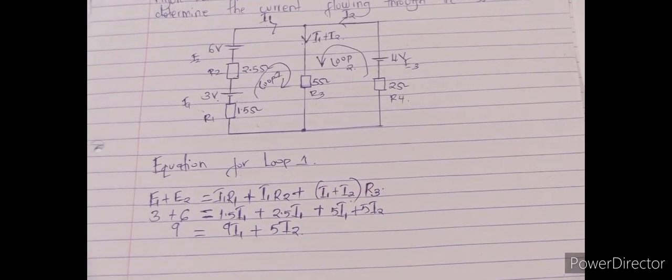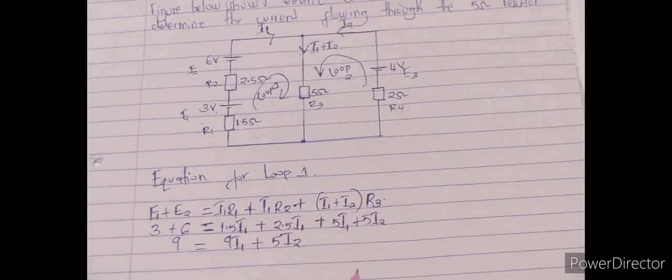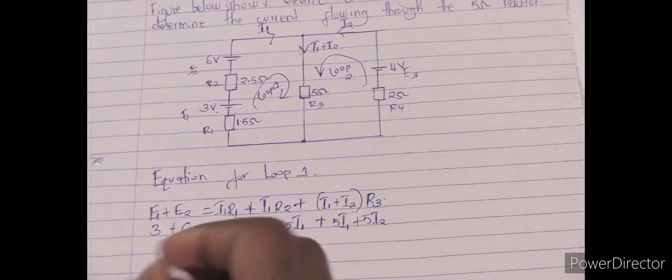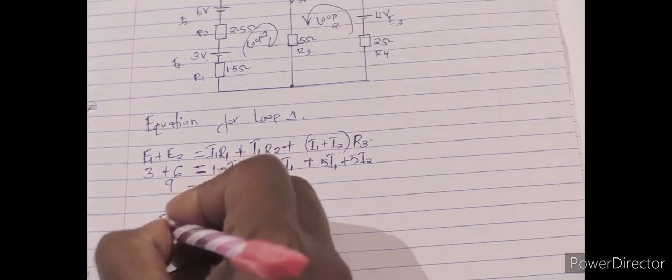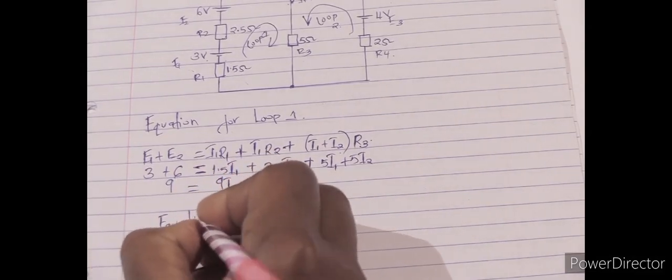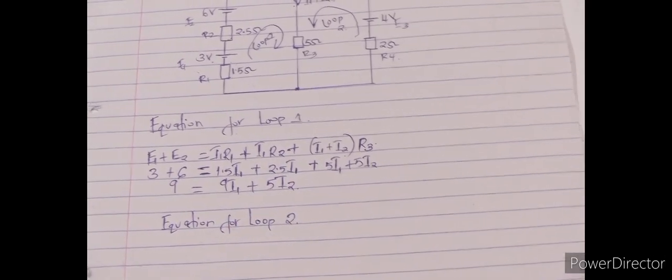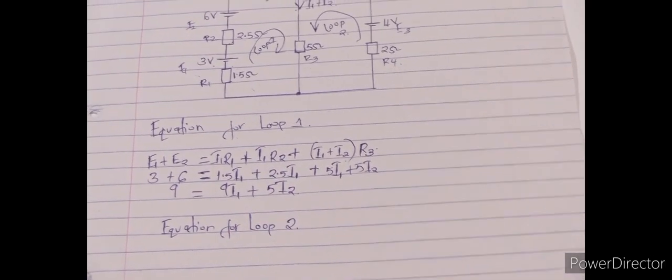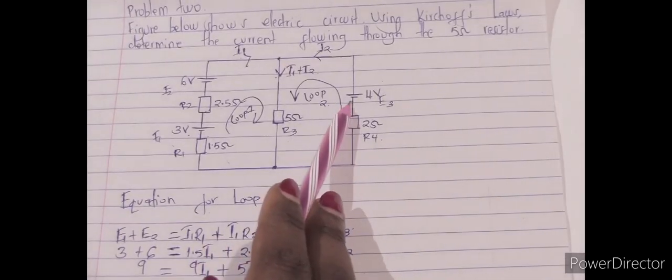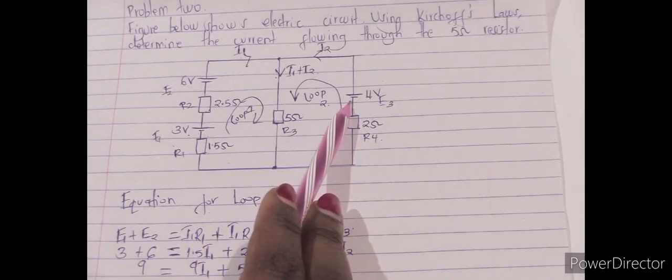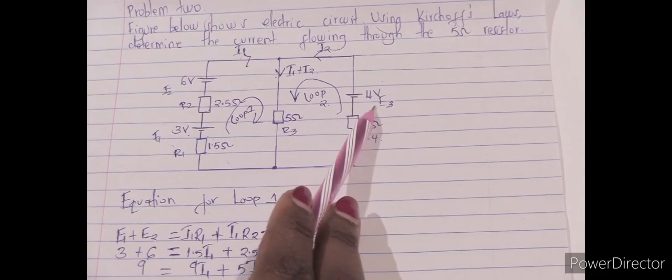Then the next one, we come and form our equation 2. Equation for loop 2. Now in the equation for loop 2, we have one source of 4 volts.